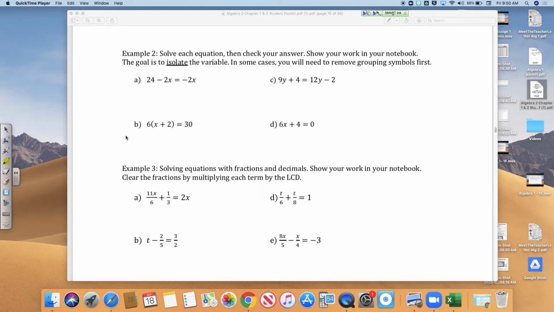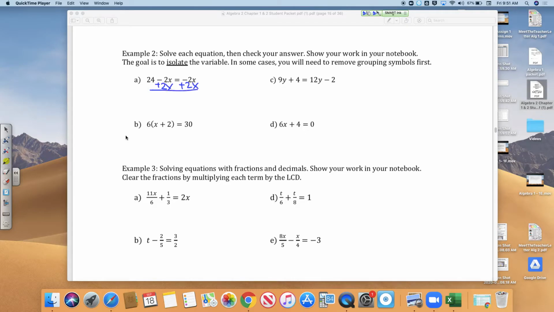So for the first one, we have variables on both sides. I see 24 minus 2x equals negative 2x. To solve this, what I am going to do is move these variables all to one side. I can either take this negative 2x and move it to the other side by adding 2x, or I can take this one, which is actually the same exact thing, and move it to the other side.